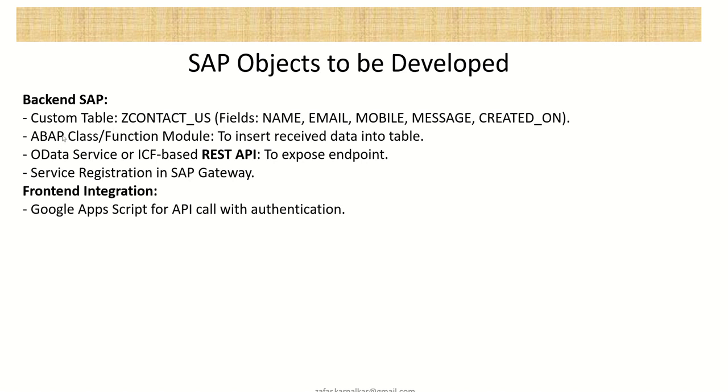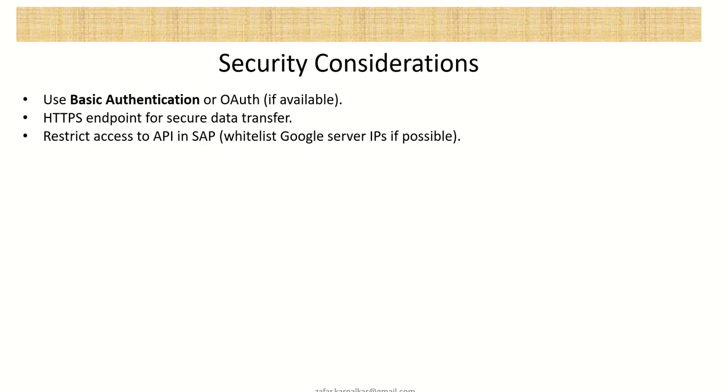After the table, we have to create an ABAP class to insert the received data in it. We will create a REST API and expose the endpoint. If you're going with the OData service, then you have to register the service. The front end will be Google App Script for the API call with authentication.